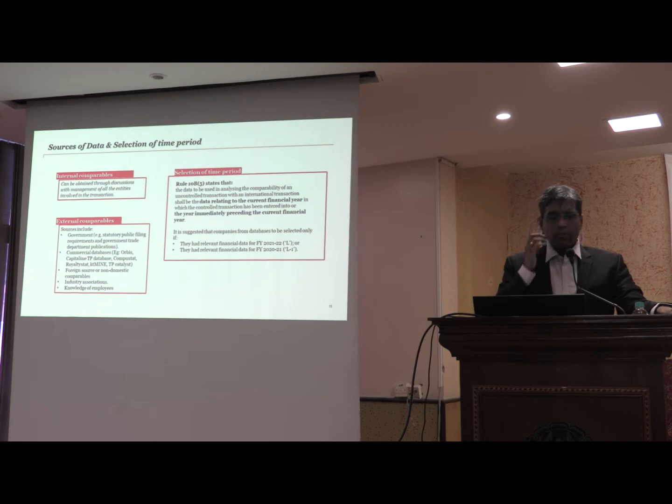External comparables come from various sources. Why do we need to go only into databases? There are newspaper articles and industry publications which come up. We looked at many years back, and even now we do this. In the hotel industry, for example, you have the concept of franchising, right? Franchise agreements.